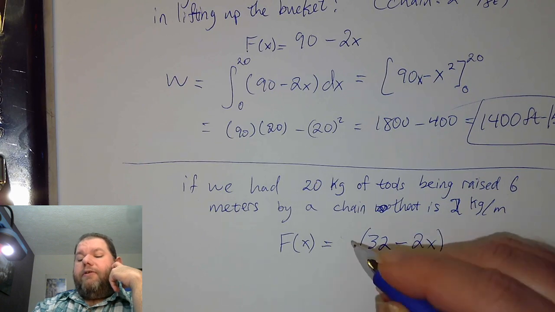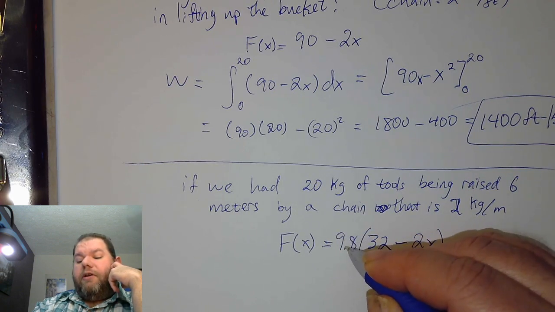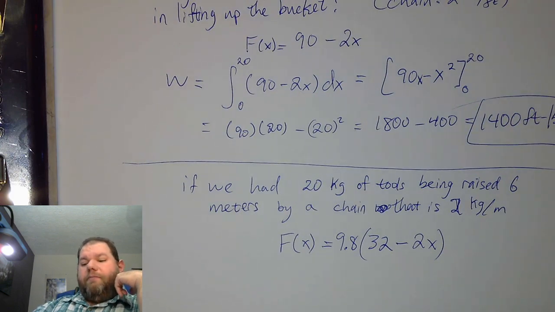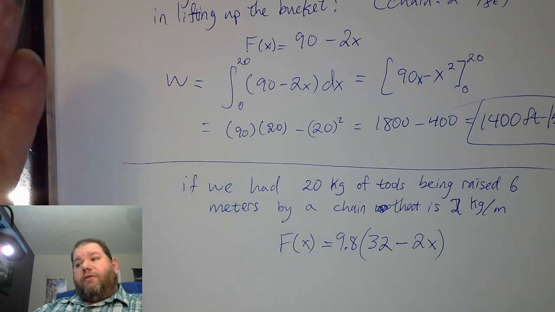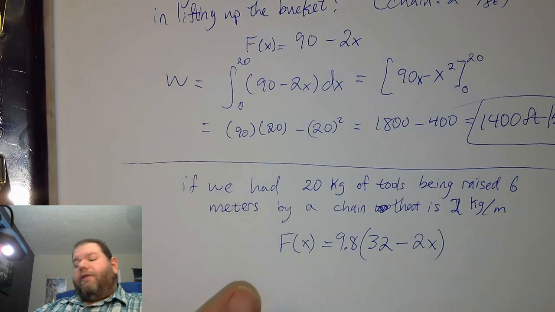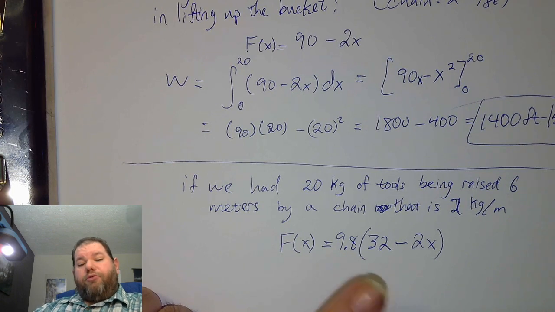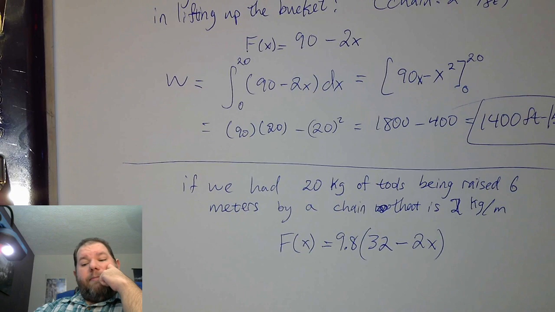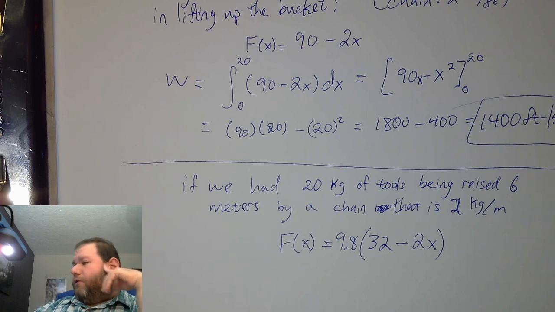But again, that's also affected by gravity. So we'll do 9.8, just for simplicity's sake, times 32 minus 2x. So when we look at this in metric rather than imperial units, that's the difference we have to incorporate: gravity as part of our force calculation, whereas when we talk about pounds, it already includes gravity. And that's just the biggest difference between imperial and metric right there.